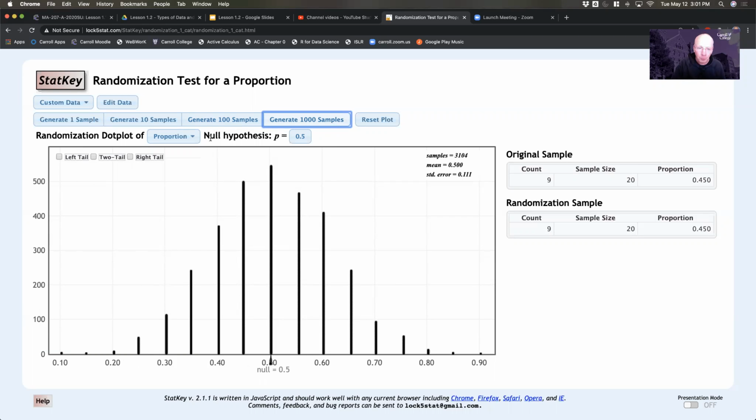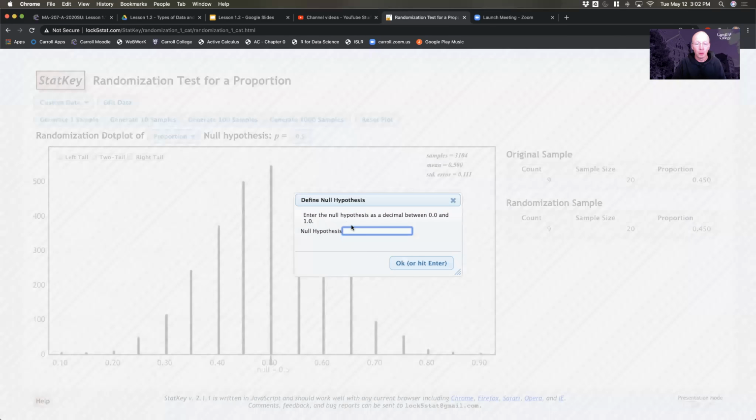Now, let's talk about that for a second. This thing called the null hypothesis. Hypothesis means assumption. Null means baseline. Now, if we're talking about fair coin flips, my baseline assumption is that I should have a proportion of 50%.